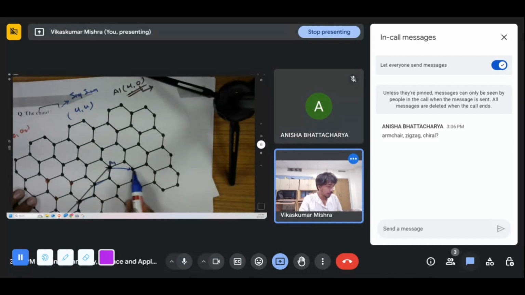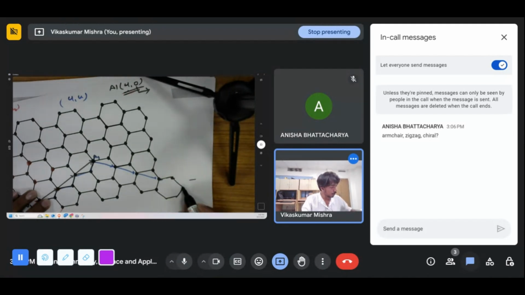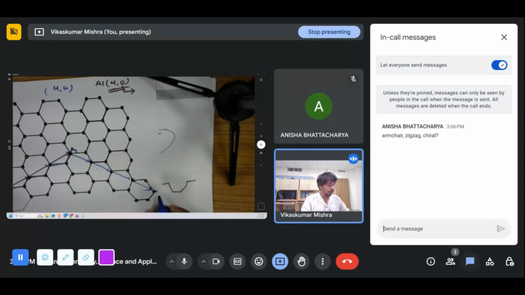1, 2, 3. Okay, I should make one more hexagon somewhere over here. Let me make it with the black color. And then we arrive over here. So this is our point B or a2.